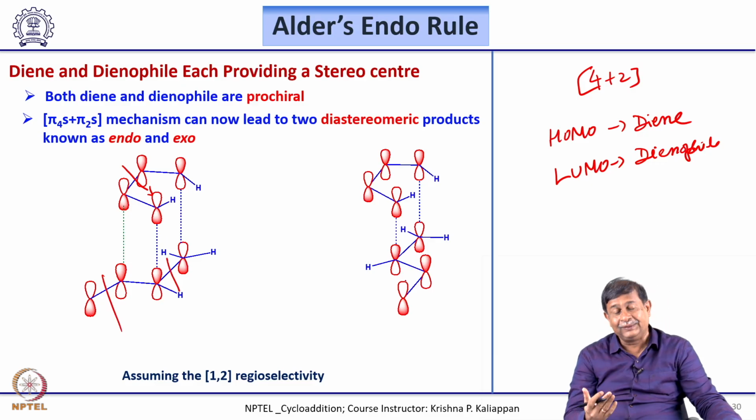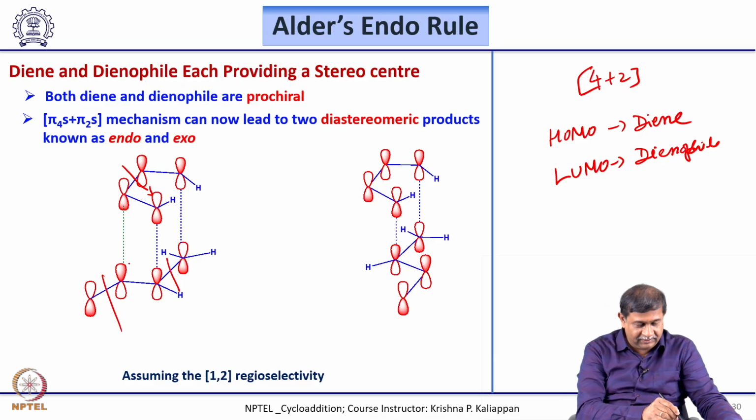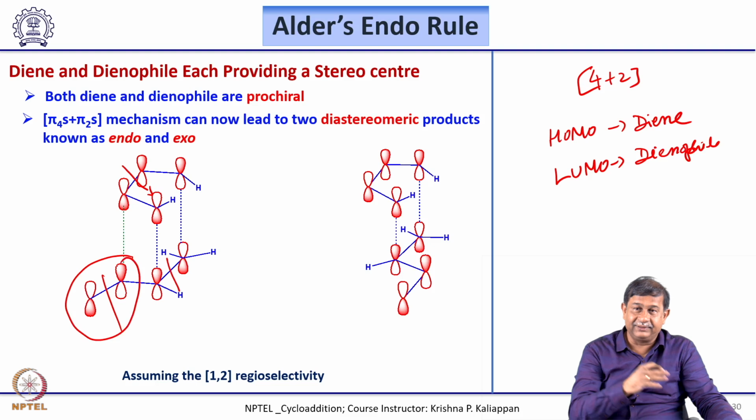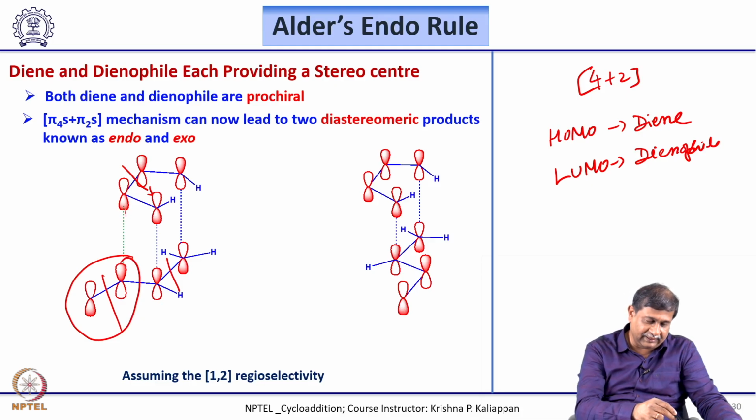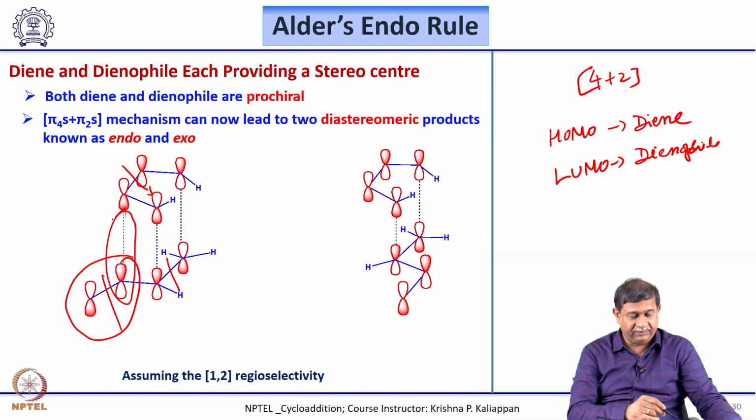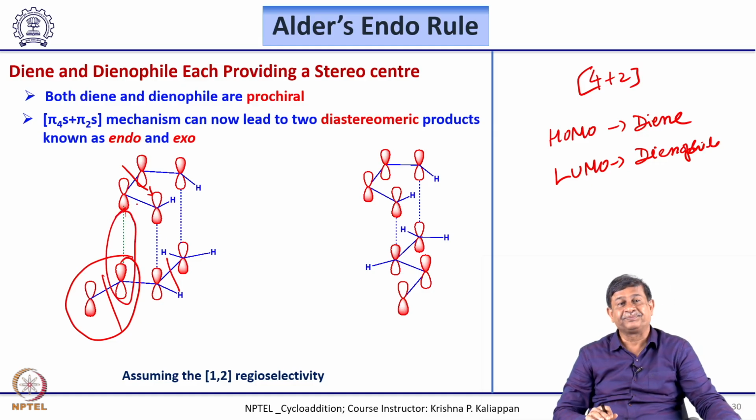In the case of the endo product, for example in the last example it was an aldehyde, isn't it? Last example, double bond and aldehyde. So in the case of the aldehyde, you can see here there is a secondary orbital interaction between this lobe and this lobe, which actually stabilizes.